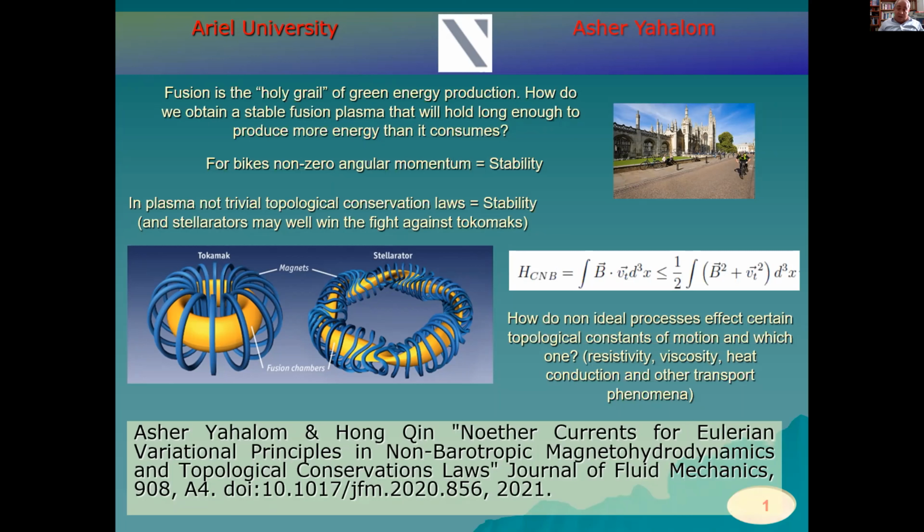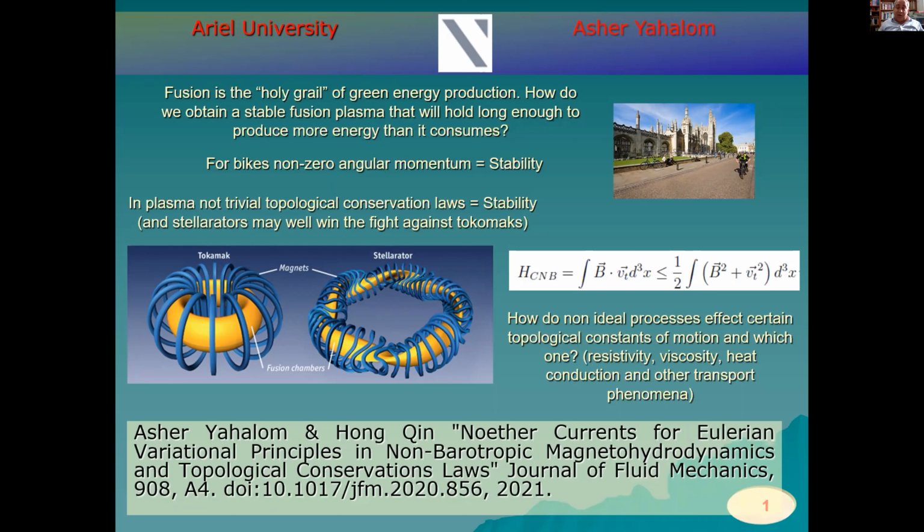And the problem is, of course, that those topological constants are only constant in ideal fluids. So the question is, what do non-ideal processes do to those constants? I'm talking about resistivity, viscosity, heat conduction, and other transport phenomena. And luckily enough, some of them are conserved even in non-ideal cases.